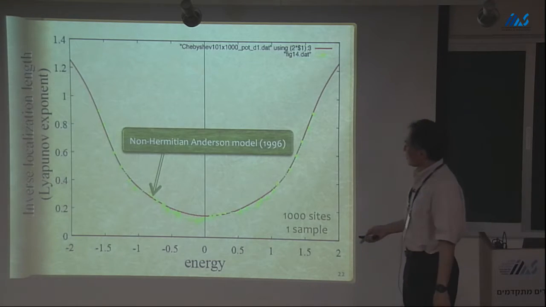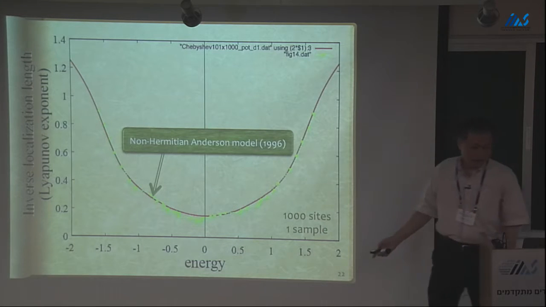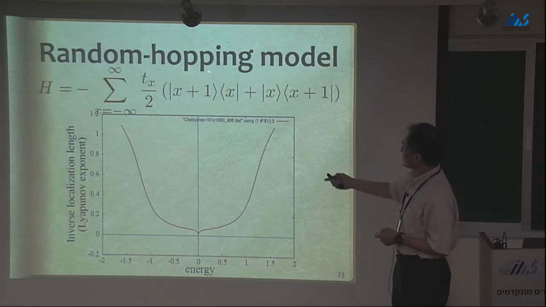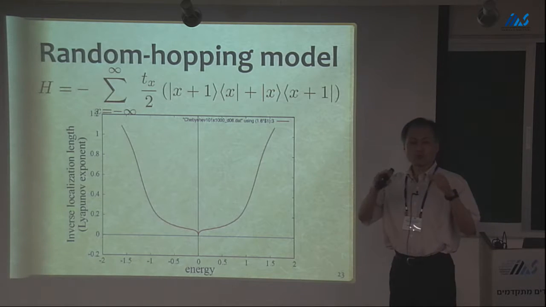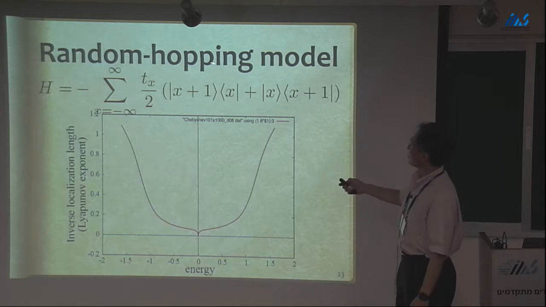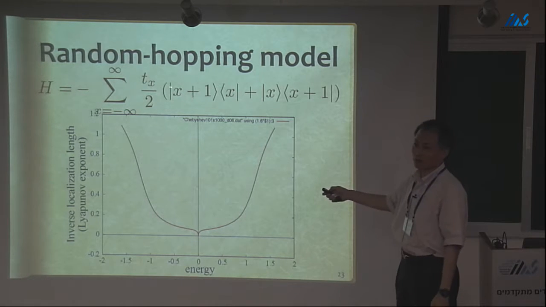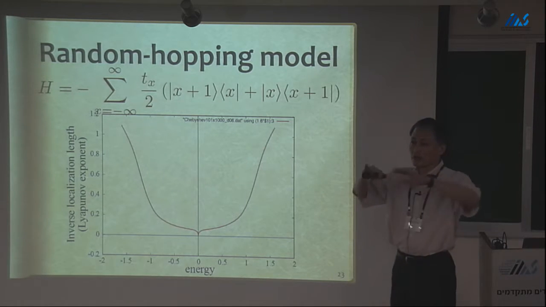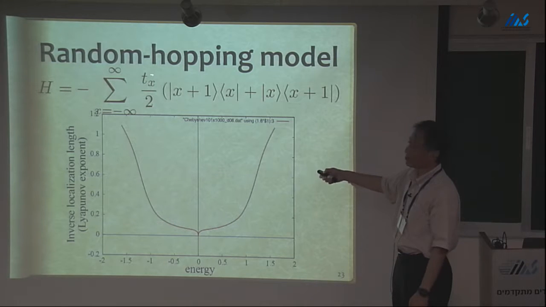Then I make two comments. One is, I've been talking about the random potential problem, but we can also talk about the random hopping problem. Here in this Hamiltonian, the hopping element depends on x, and we can choose this as random.